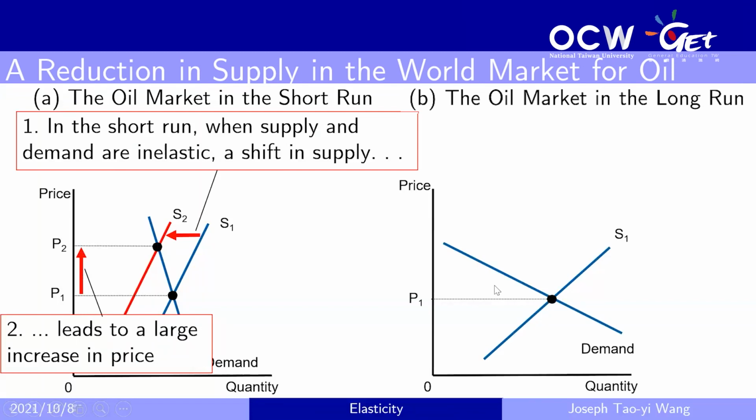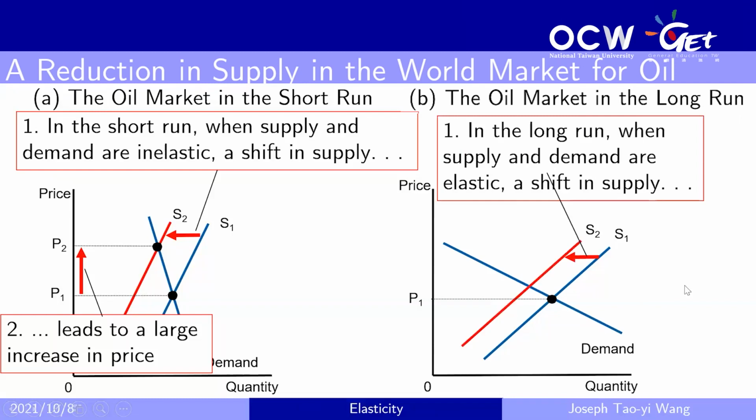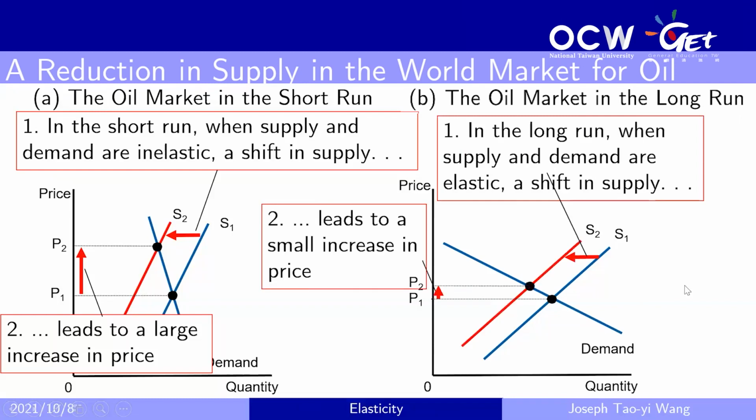But in the long run, when the oil market has flatter supply curves and demand curves, even if you have the same shift in supply, you would have a much smaller price effect compared to the short run. So the effort of the OPEC to try to reduce supply had a huge effect on the oil prices and the oil market in the short run back in the 70s. But in the long run, this effect is much smaller.